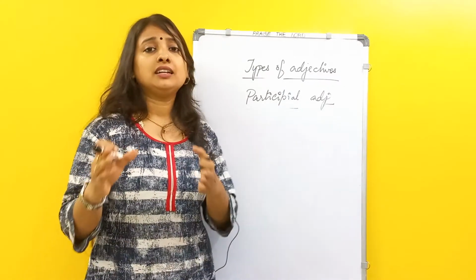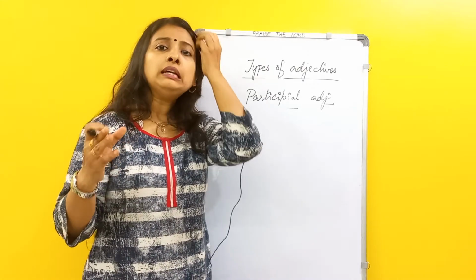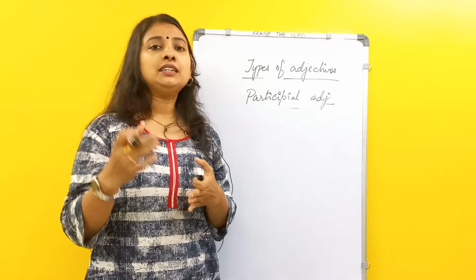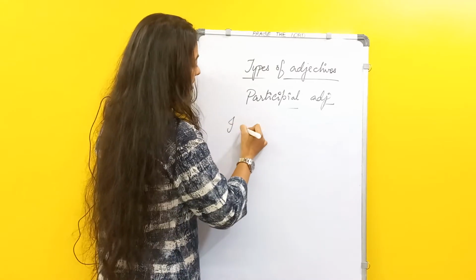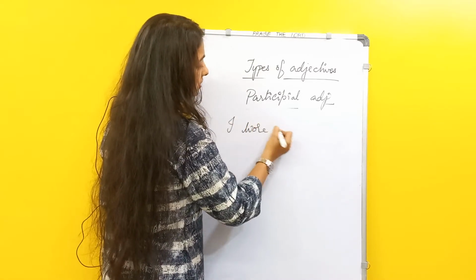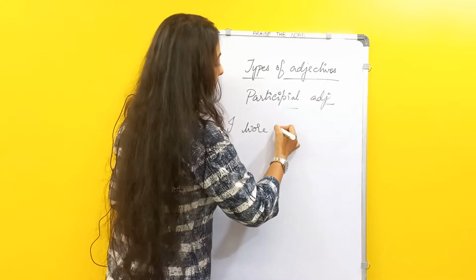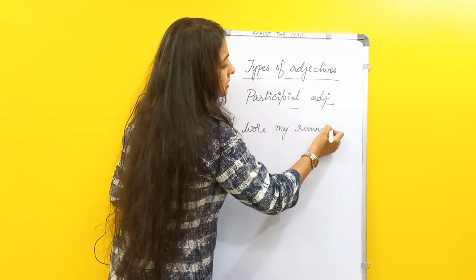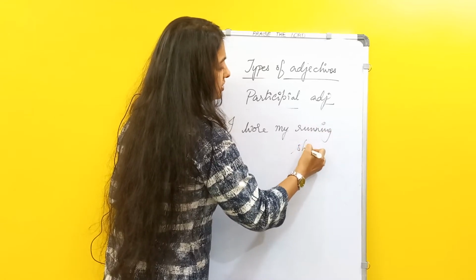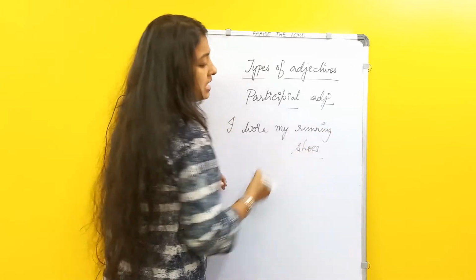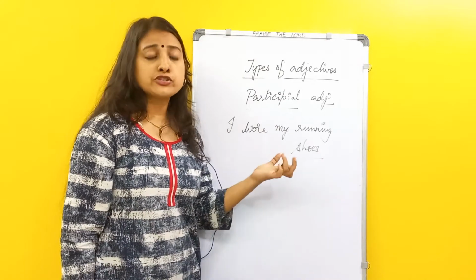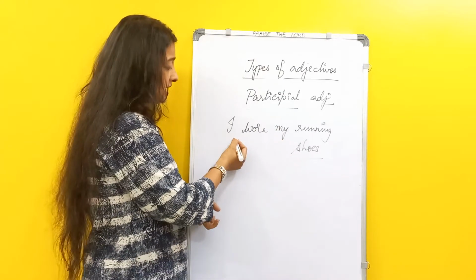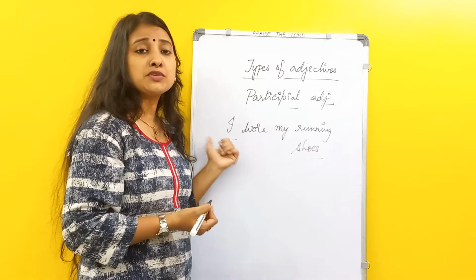Now suppose we take an example: I wore my running shoes. What is the subject here? The subject is I. What is the subject doing?